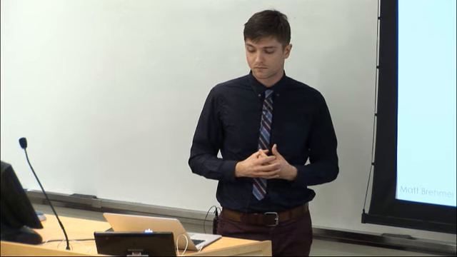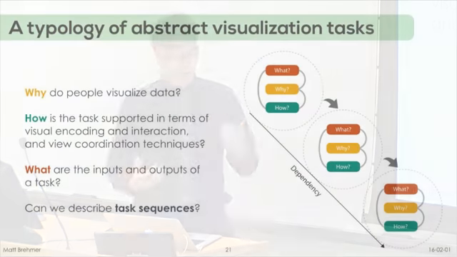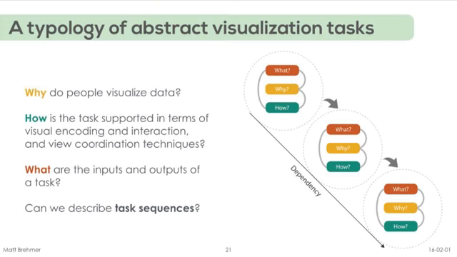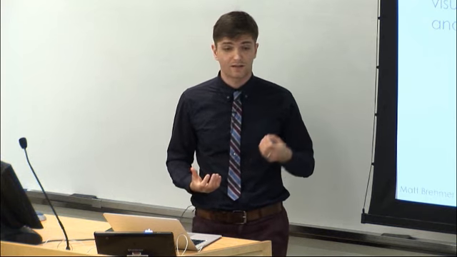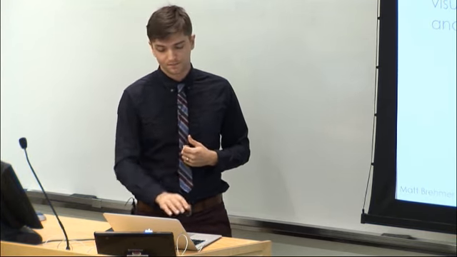A person may locate and identify a visualized element as part of a discovery task, or a presenter may ask their audience to compare multiple items. So our approach also involves characterizing how a task is supported by a visual encoding, an interaction, or a view coordination technique. These may be specific techniques, or we can use abstract terms here as well to describe things like filtering, navigating, selecting, or arranging items.